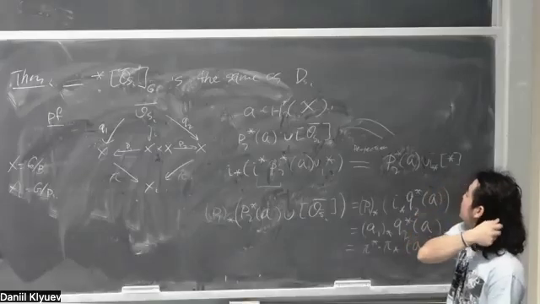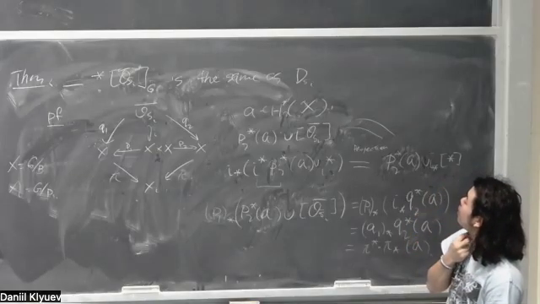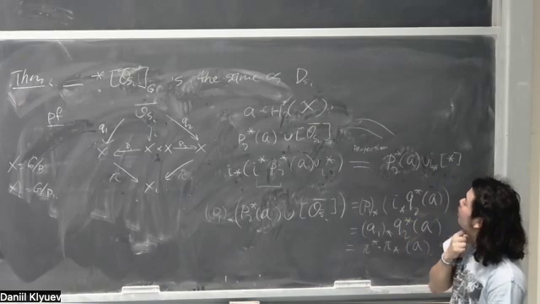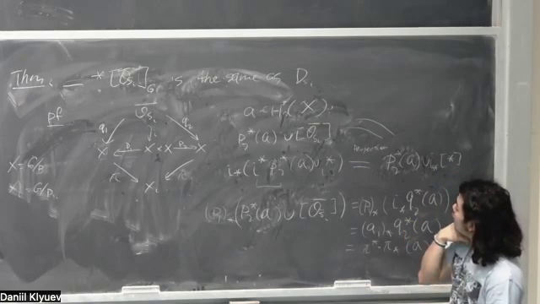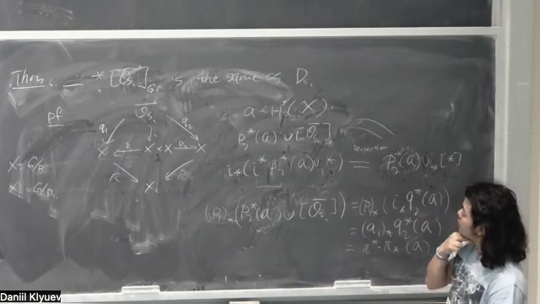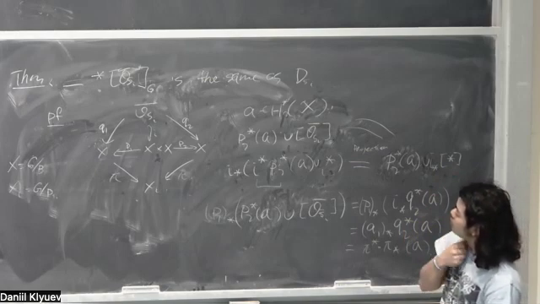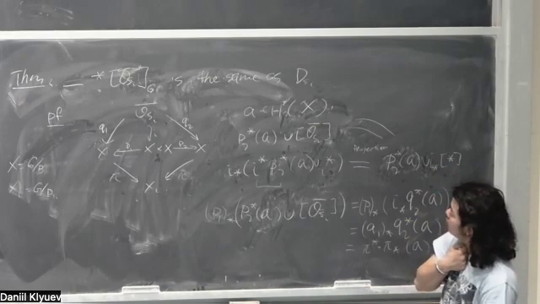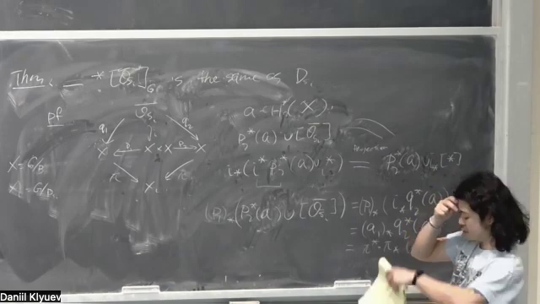So maybe you're right, it's a module over convolution. You use not the algebra structure, but a module structure of H star G of x over H star G of x cross x.